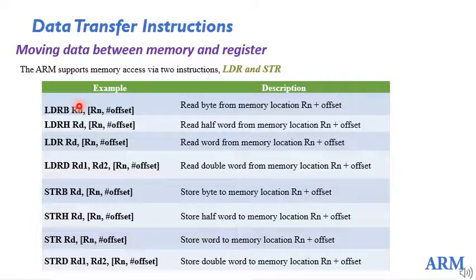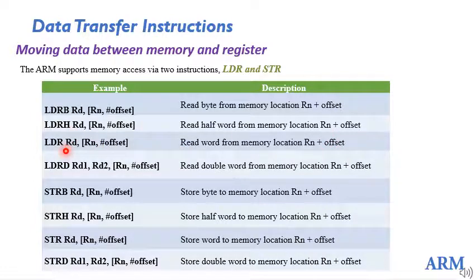In the second format, LDRH, the contents of memory location Rn plus offset and the next memory location, Rn plus offset plus 1, are loaded into the destination register, that is 16 bits. Contents of two memory locations are loaded into this register. Next one is LDR. In this case, the 32-bit data, that is 4 memory locations starting from Rn plus offset, are loaded into the destination register.